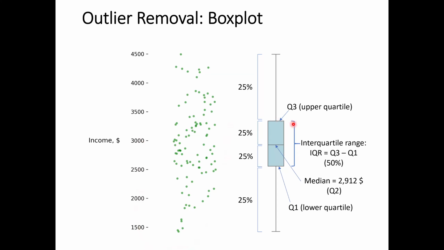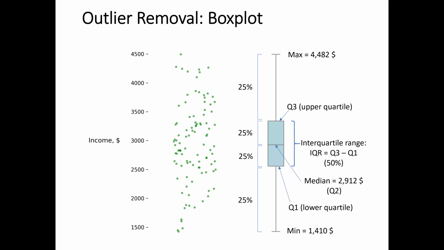The difference between Q3 and Q1 is called the interquartile range, or IQR. The box represents the interquartile range and includes 50% of the data. The lines extending from the box, called whiskers, show the minimum and the maximum values that are not considered outliers.